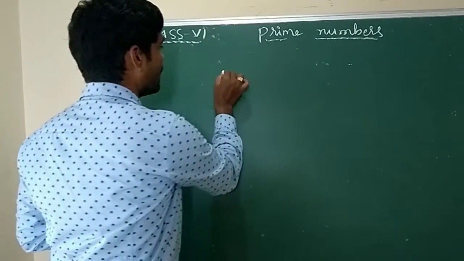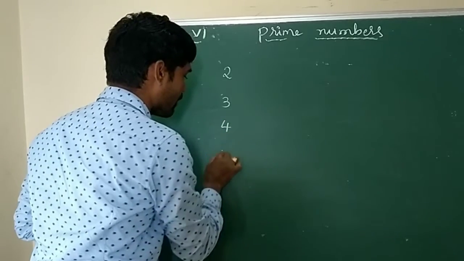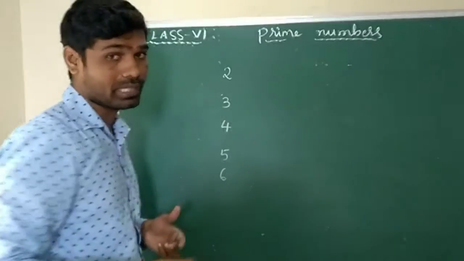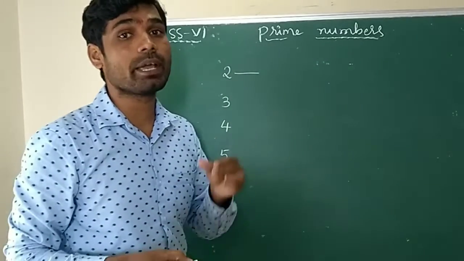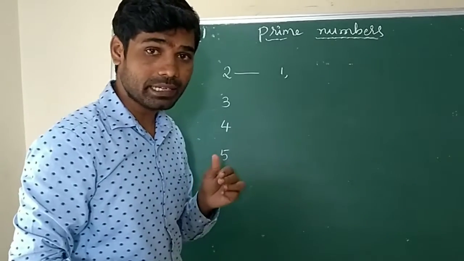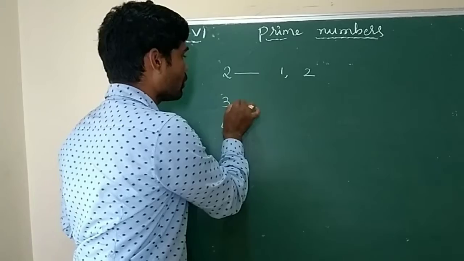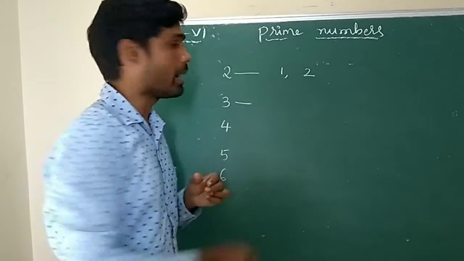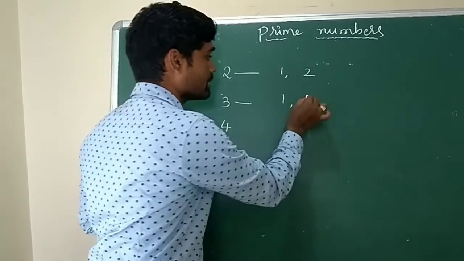See, for example, let us write 2, 3, 4, 5, 6, some other numbers also we can write. Here, 2. So 2 is divisible by what? 2 is divisible by 1 and itself. Next 3. 3 is also divisible by 1 and itself, since 1 3s are 3 and 3 1s are 3.